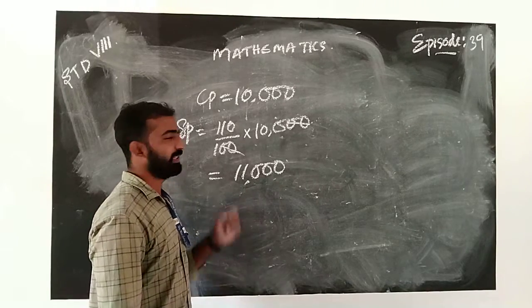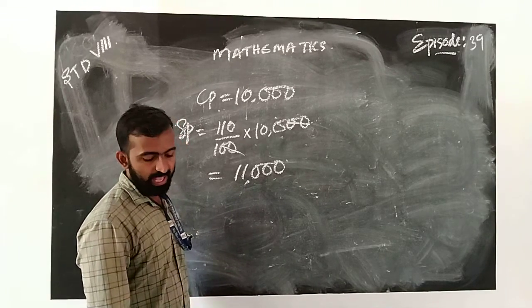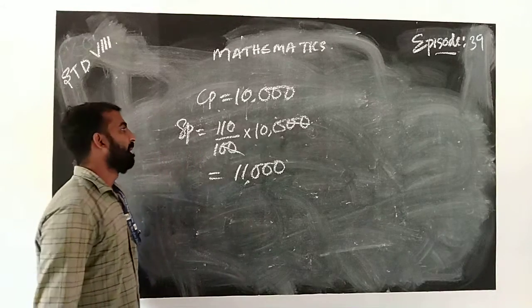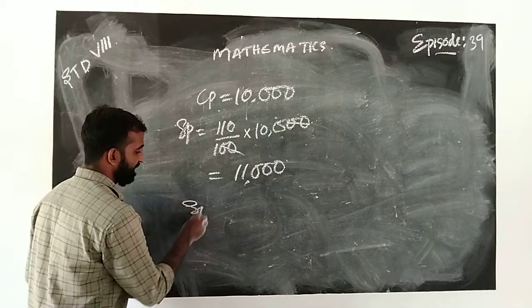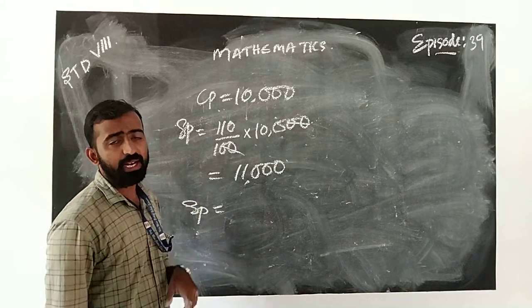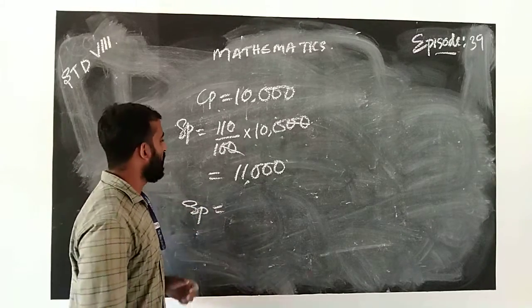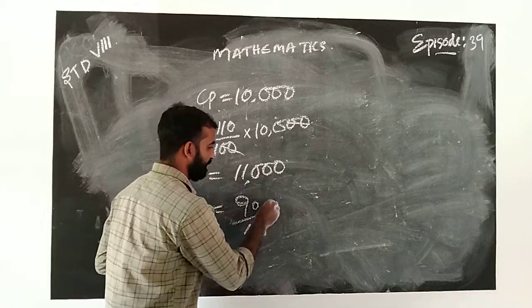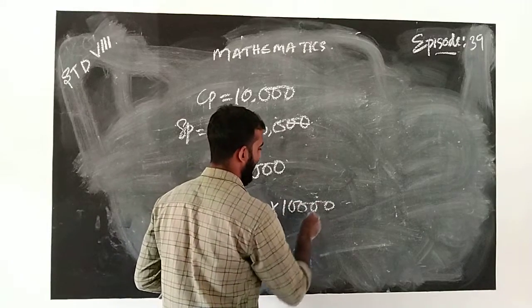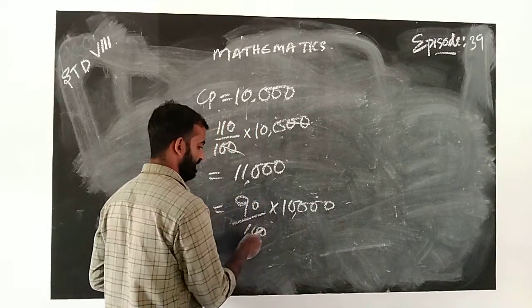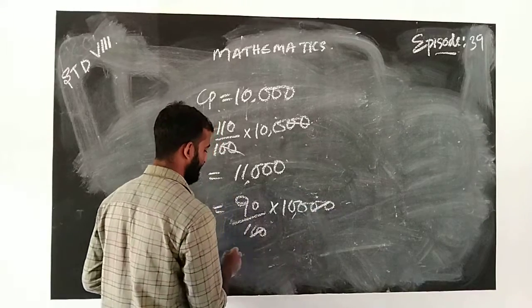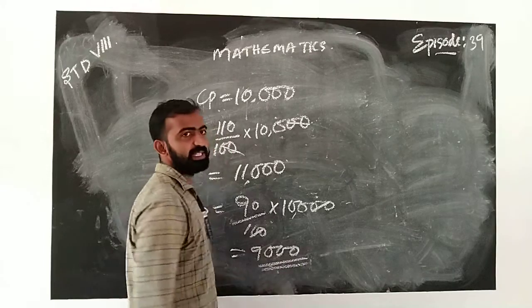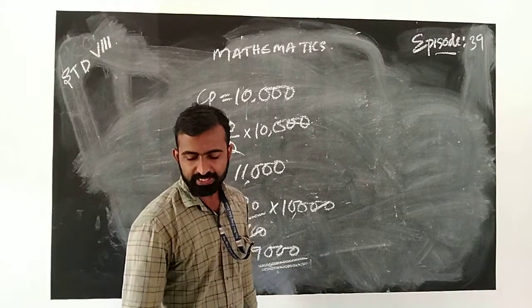The second TV's selling price, with 10% loss, is 90 by 100 into 10,000, so we get 9,000 as the selling price.